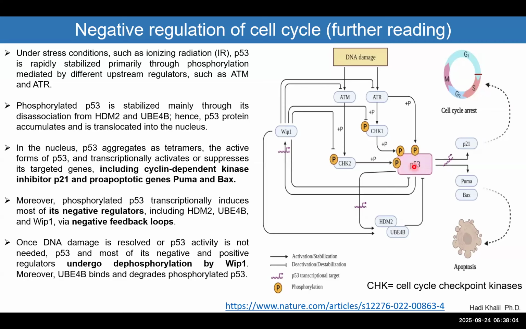And P53 binds and activates PUMA and BAX, which are the apoptotic proteins. And this is where the cell has to decide either to later on leave the cell to continue if the stress has been relieved, or push the cell to die.